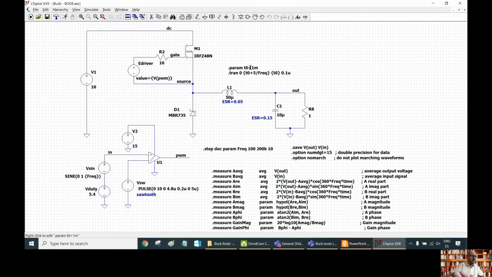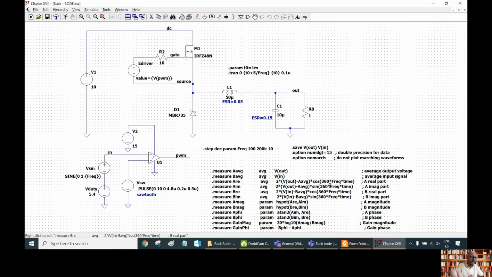So we are sure that in 1 millisecond we are going to reach steady state, and then we are going to save all the waveforms from this 0 time, 1 millisecond, plus 5 periods of the modulating frequency.